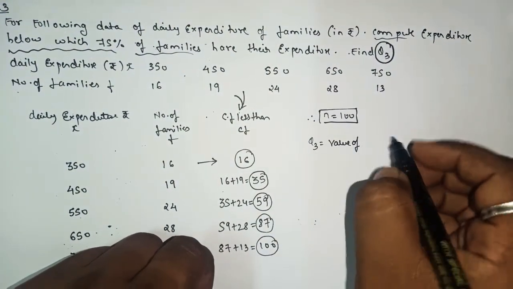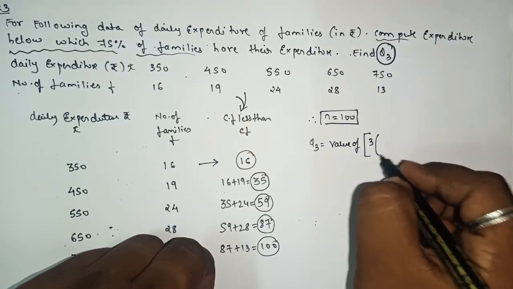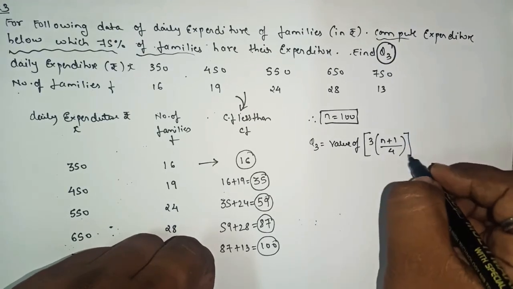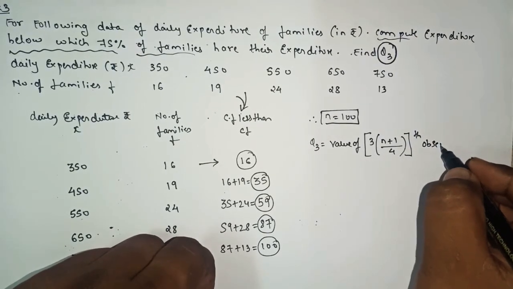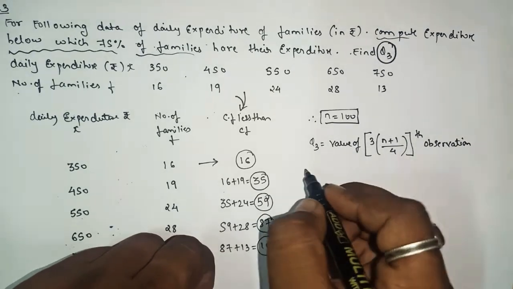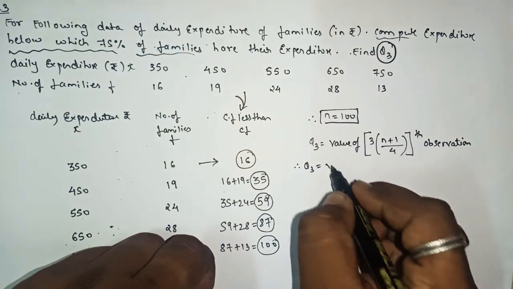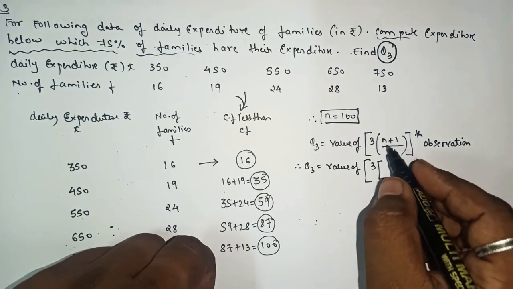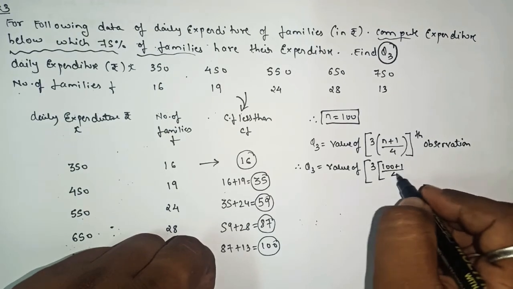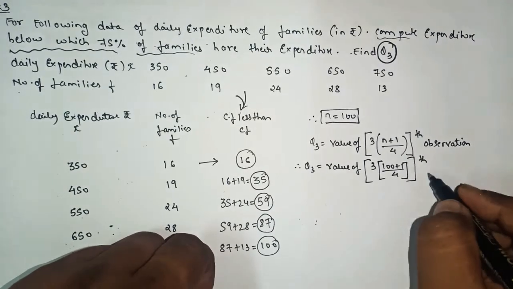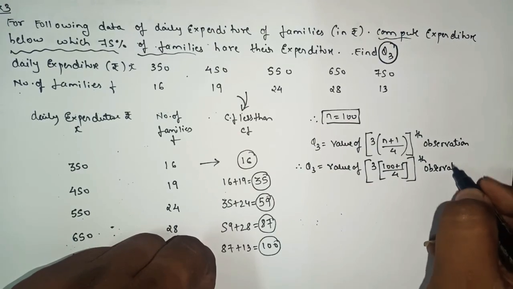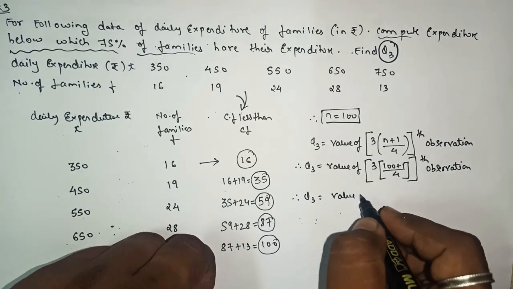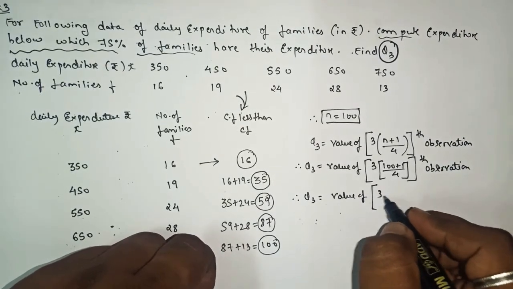value of (3n plus 1) upon 4 th observation. Yes or no? So therefore Q3 equals value of 3 into (100 plus 1) upon 4 th observation.